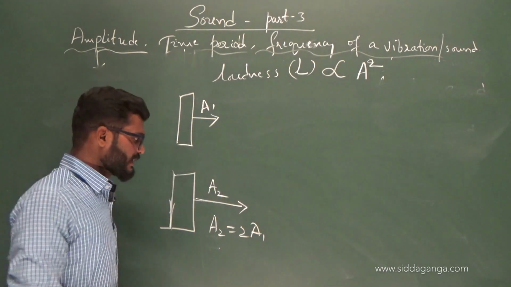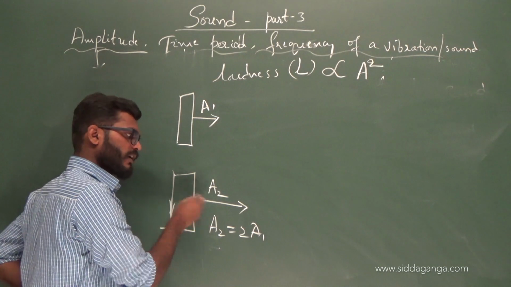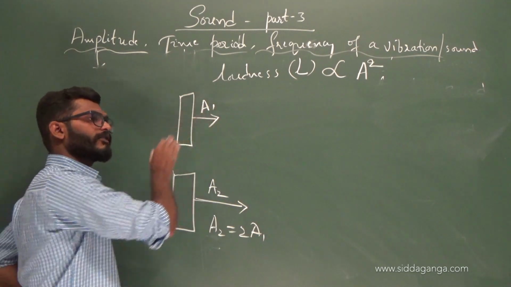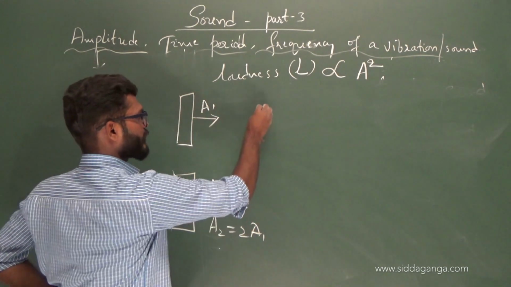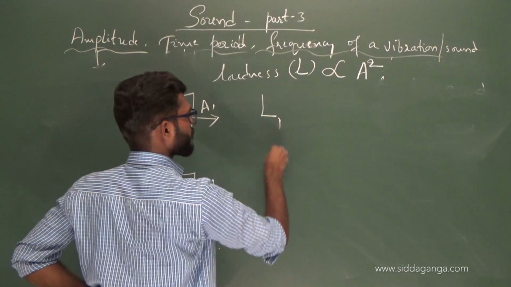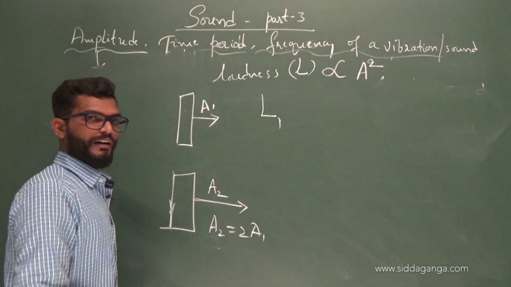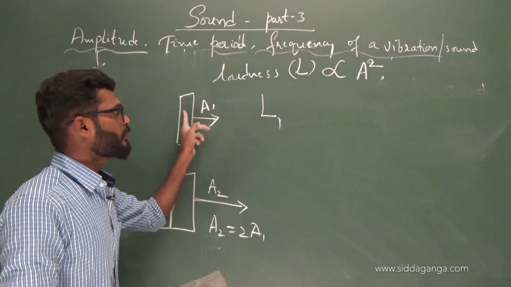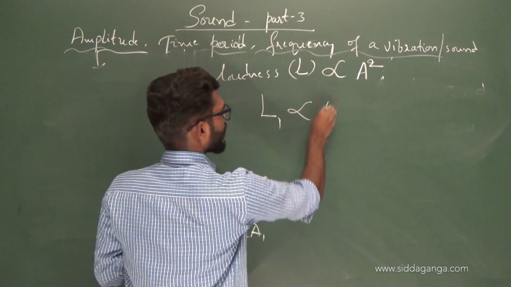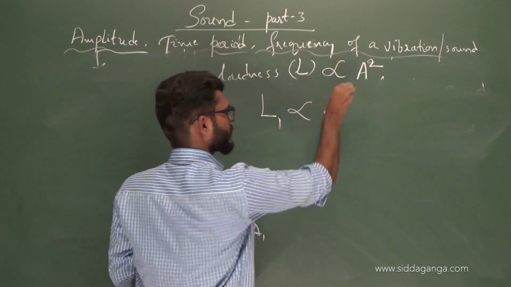The second body vibrates with twice the displacement, which means that the amplitude of the second body is twice the amplitude of the first body. Then we can say that the loudness of the sound produced by the first body depends on its amplitude square.